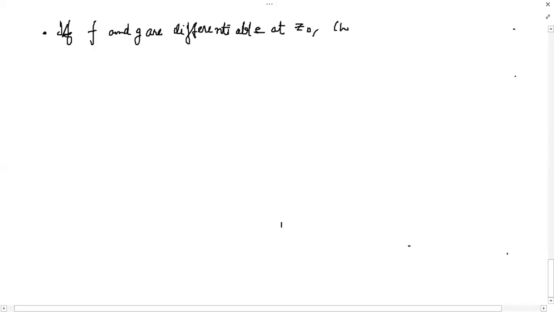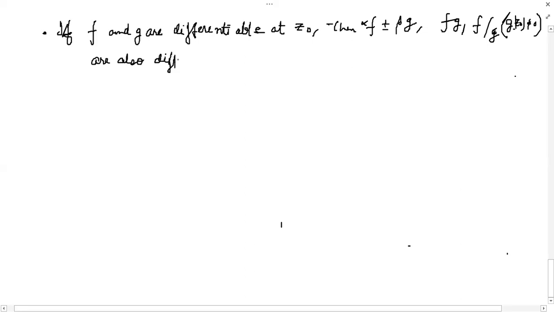Now let us discuss some algebra. If f and g are differentiable at z naught, then their sum, the difference, their product, and quotient, provided g(z naught) is non-zero, are also differentiable at z naught.